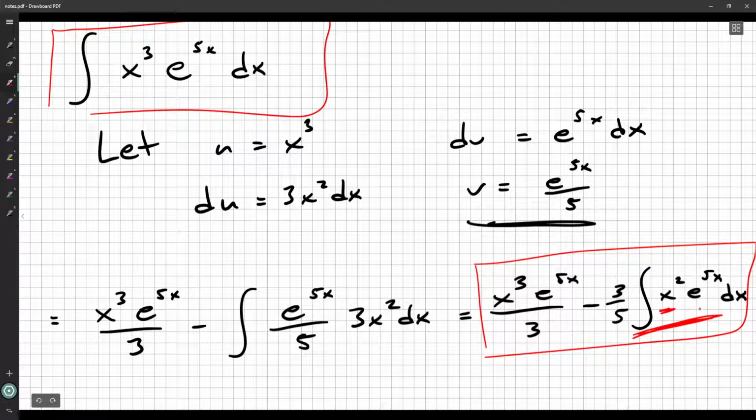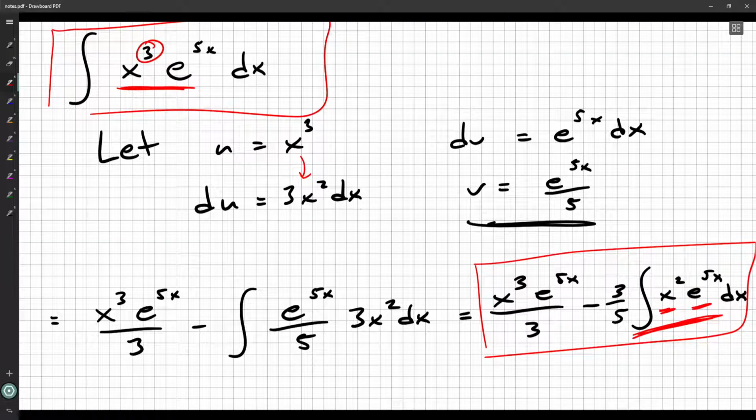Well, I notice I've got x squared e to the 5x, which is shockingly similar to what we had before, but notice the 3 has gone down to a 2. If we think ahead, x cubed goes down to 3x squared, down to 6x, down to 6. If we do another integration by parts, we should be able to get this down to just an x, and then down to a constant, and then we'll just be left with integrating e to the 5x, which we already know how to do.